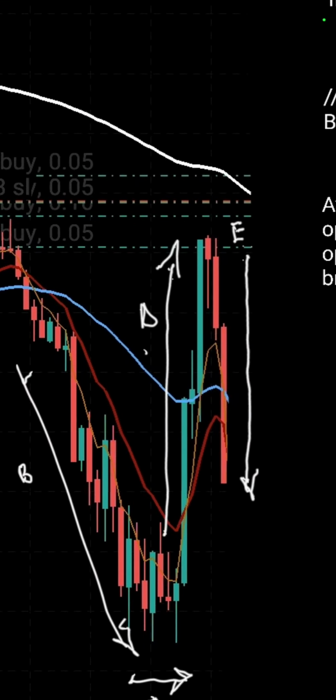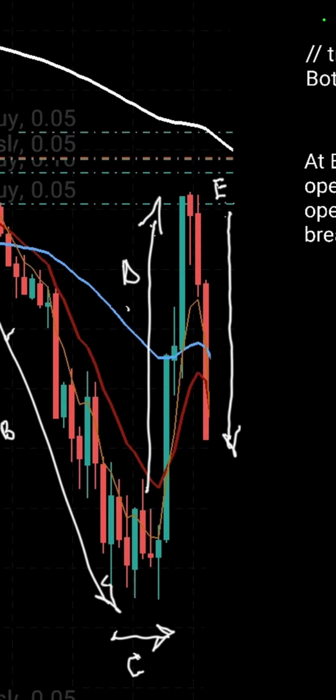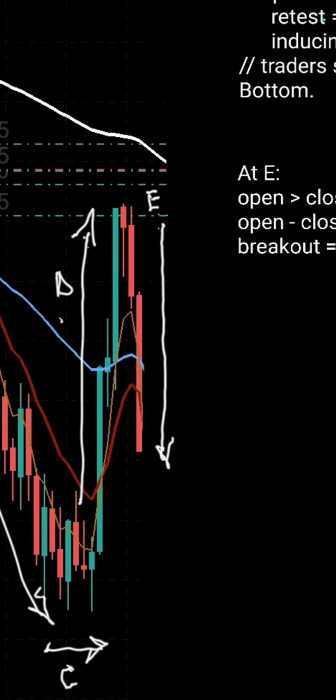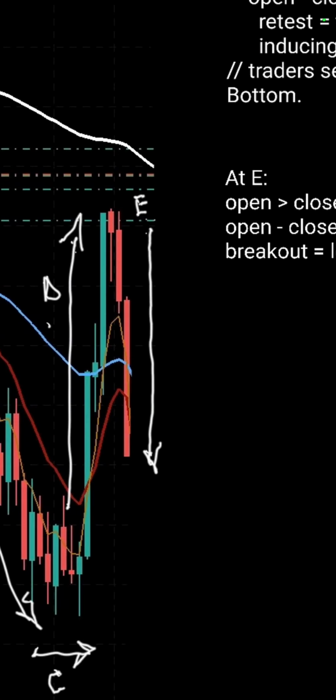You can see the red candles coming back down, labeled E. Those candles are showing an aggressive move to retrace or cancel the big move that has just been made in D.